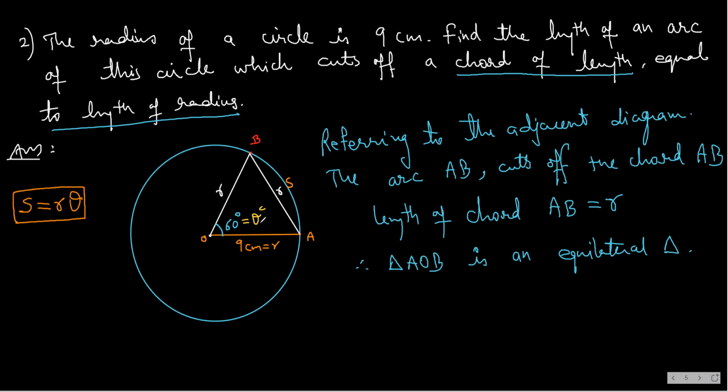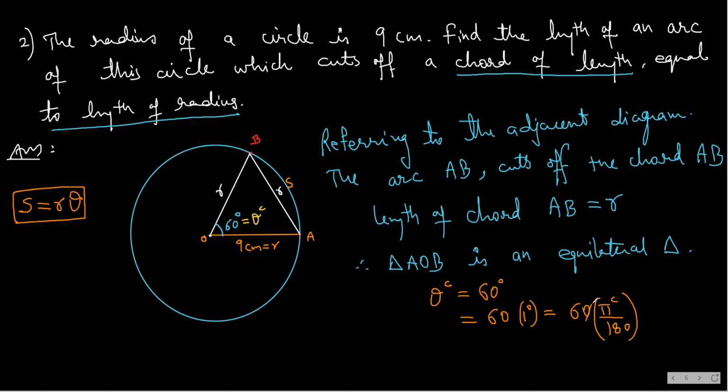How do I find theta radian? I will convert 60° into radian. So here I write theta radian is equal to 60°. Now convert these degrees into radian. So here I have 60 into 1 degree. And what is 1 degree? 1 degree is pi radian upon 180. So 60 into pi radian upon 180.